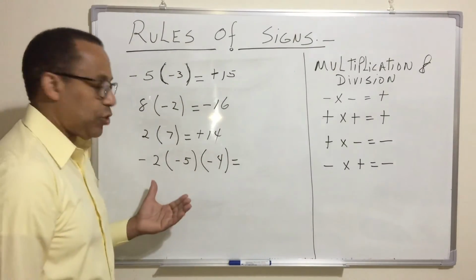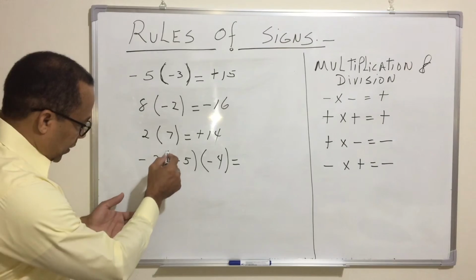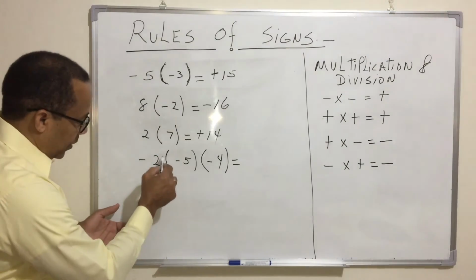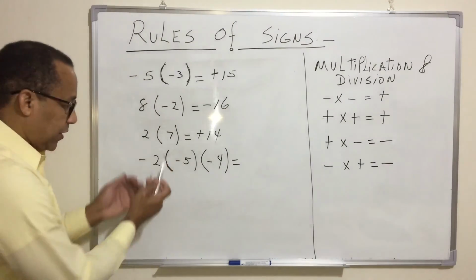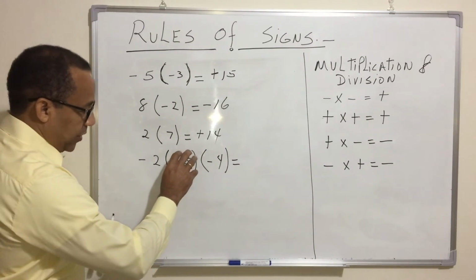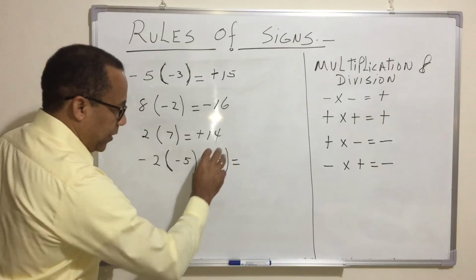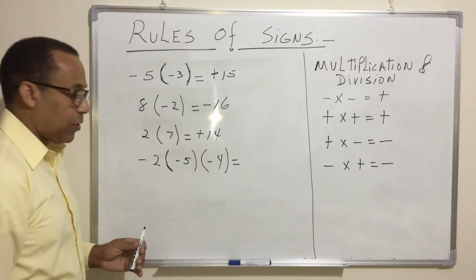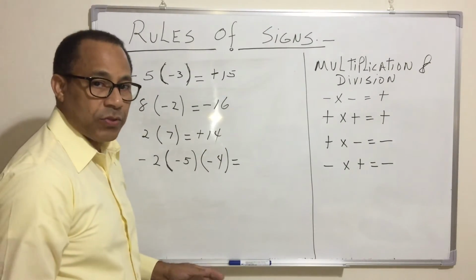This is all multiplication because we've got parentheses here, no sign. So the negative 2 is multiplying the negative 5, and then it's multiplying the negative 4. So I'm just going to multiply the numbers the way it is.